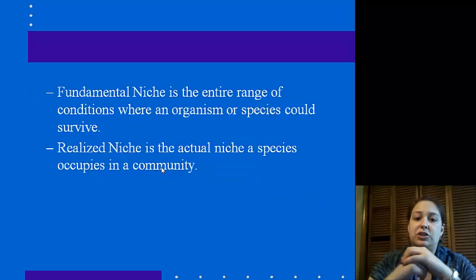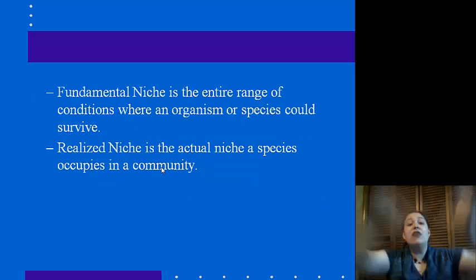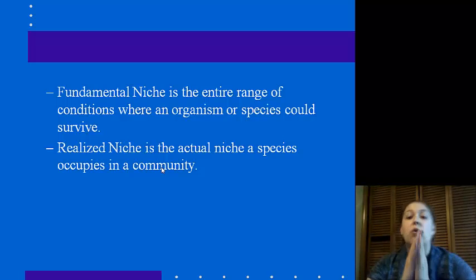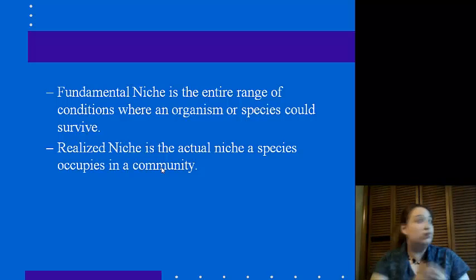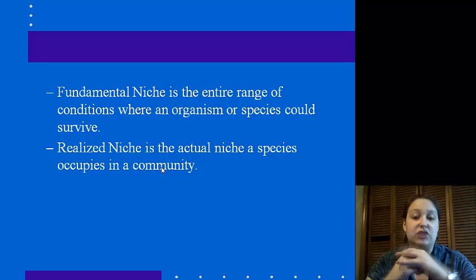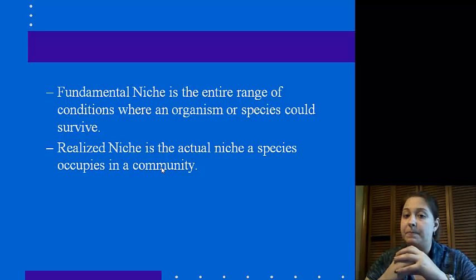A fundamental niche. A fundamental niche is the entire range of conditions where an organism or species could survive. It's all the things that you could do. Now, your realized niche is the actual niche or the actual job a species occupies in a community.